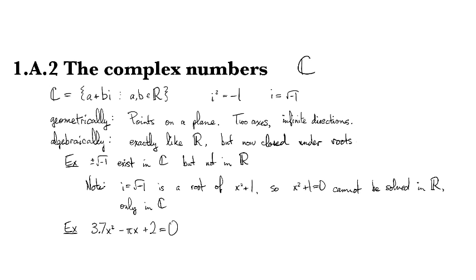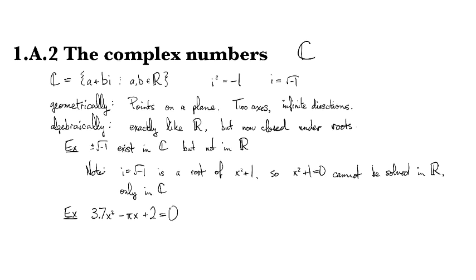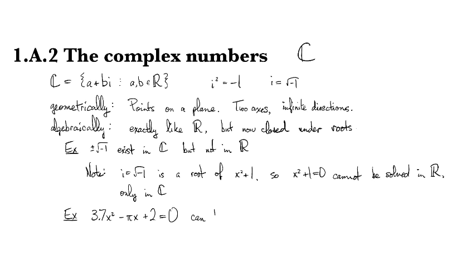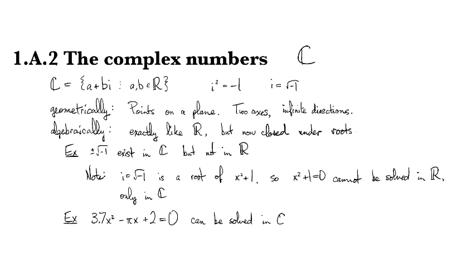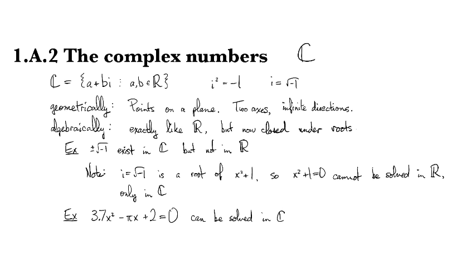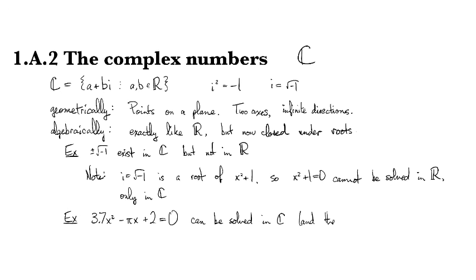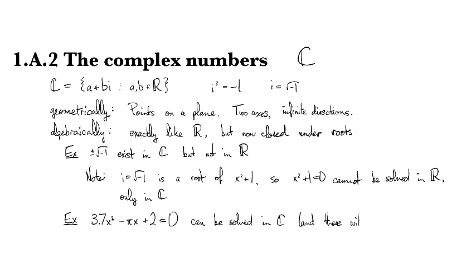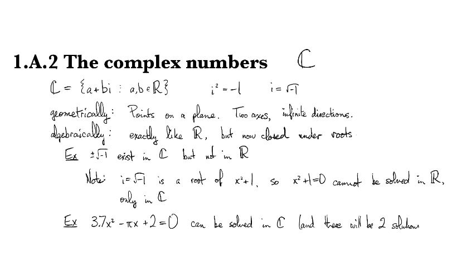Okay, can this be solved? Can we find the roots, the x's that satisfy this equation? Well, it can be solved in C, so those roots exist as complex numbers. And there will be two solutions.